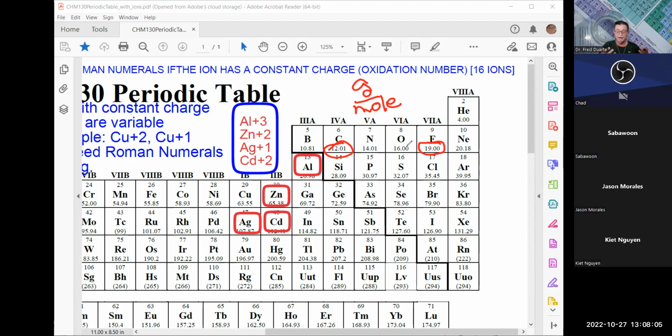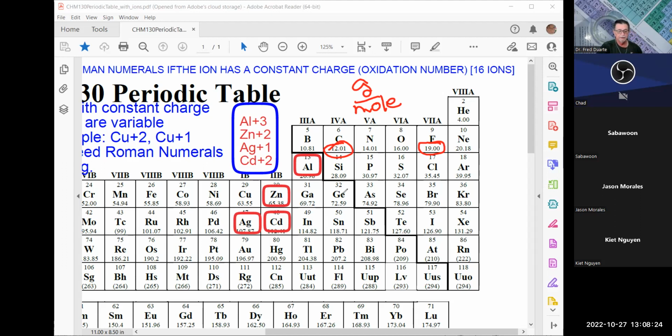If they're saying atoms, we're talking about single atoms. If they're talking about oxygen gas, fluorine gas, hydrogen gas, then we're talking about the diatomic species, and therefore you have to double the atomic weight.